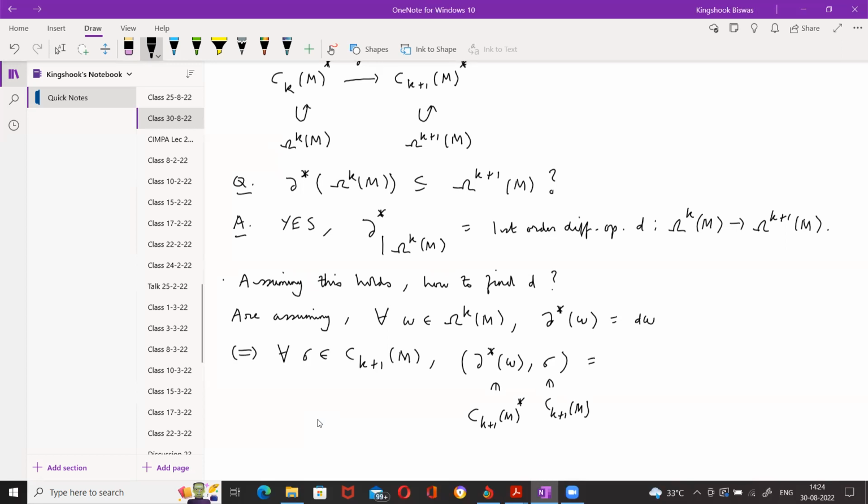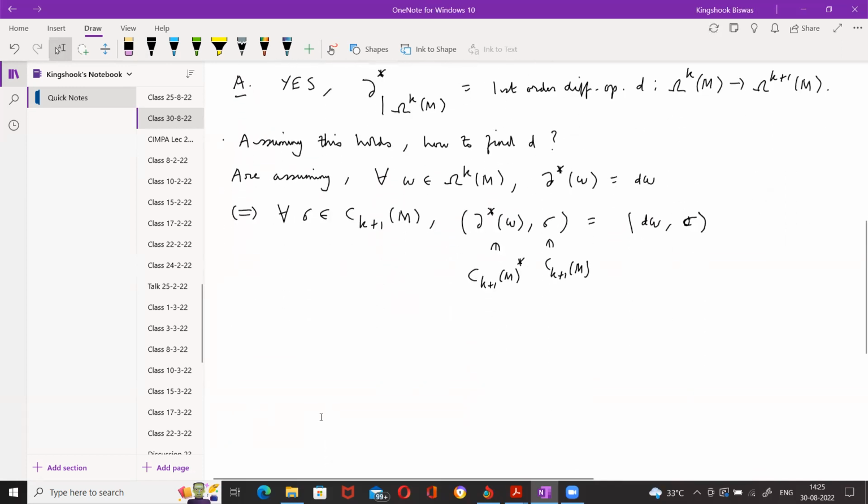Okay, so we're assuming this. So this should be the same as d omega acting on sigma. This is what we're assuming. Now what does this mean? Let's look at the left-hand side.